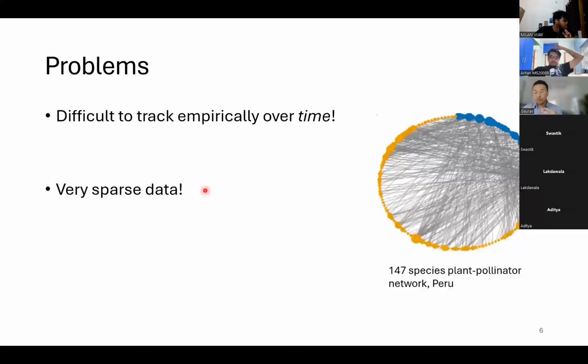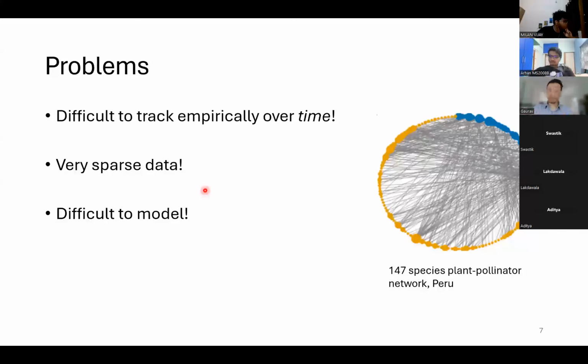If you want to model such a community, such a network, it becomes increasingly difficult because you do not have information on what's going on. So you basically have very sparse data to parameterize the model.